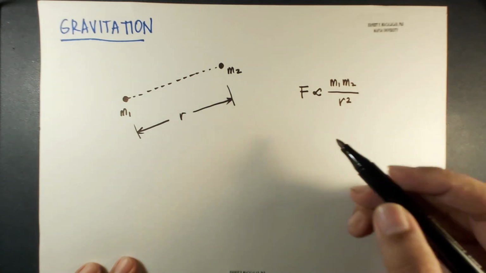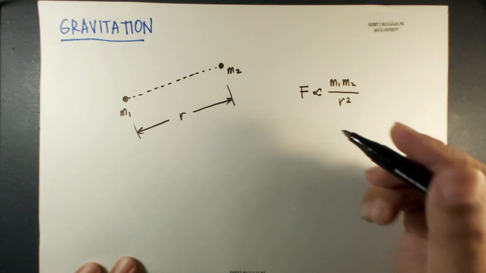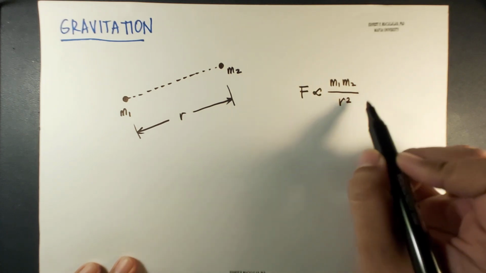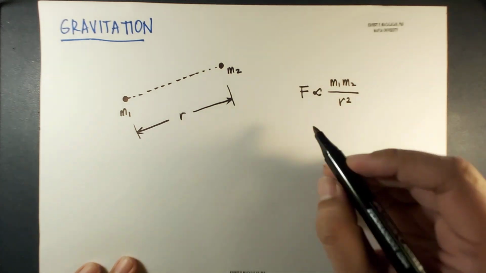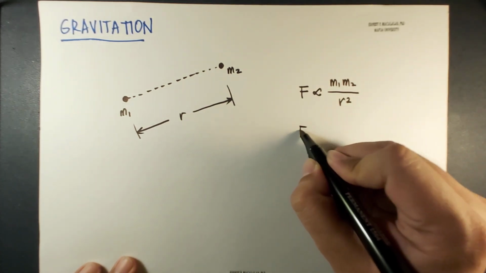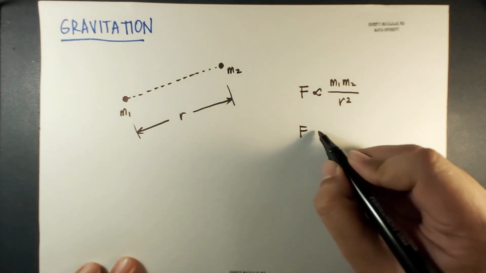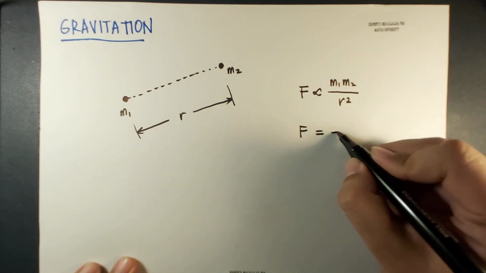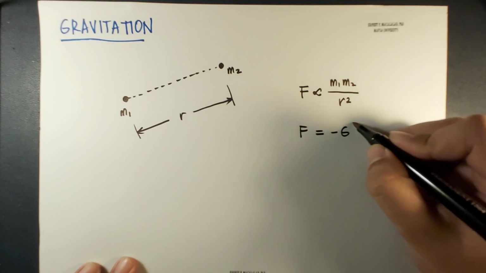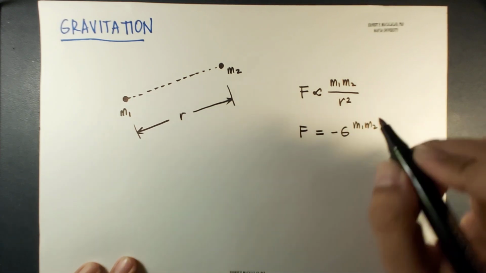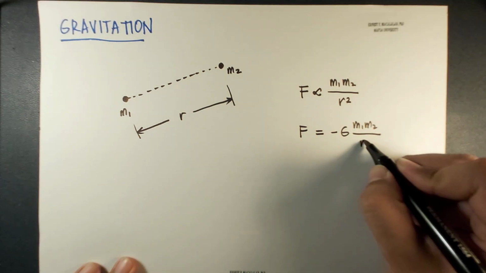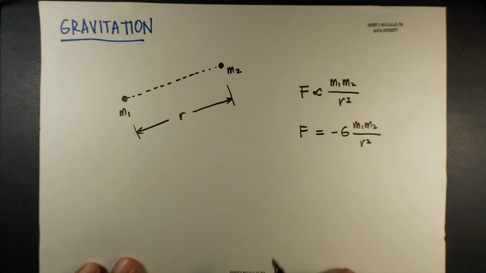Okay? So if we rewrite this expression in equation form, it can be written as F equals negative G m1 m2 over r squared. Okay, and what is the direction?